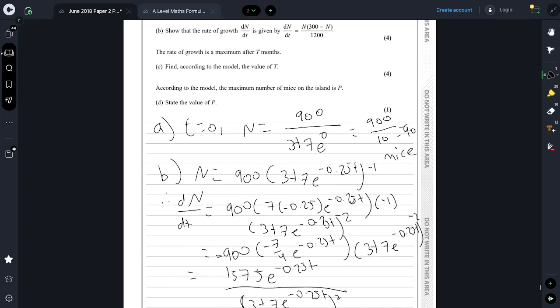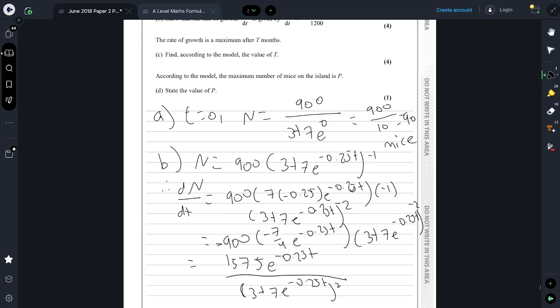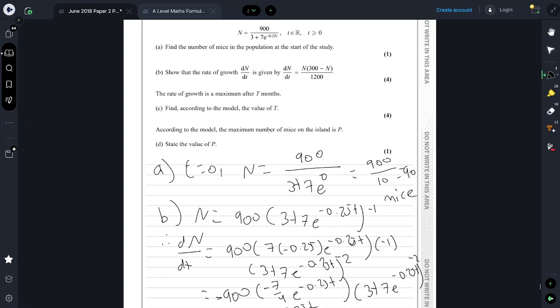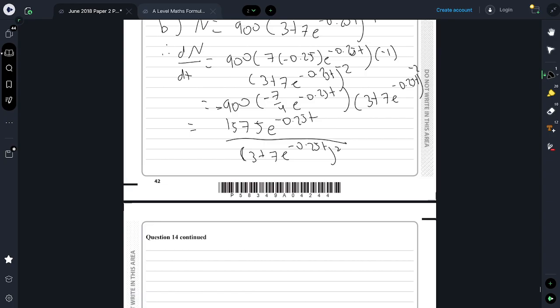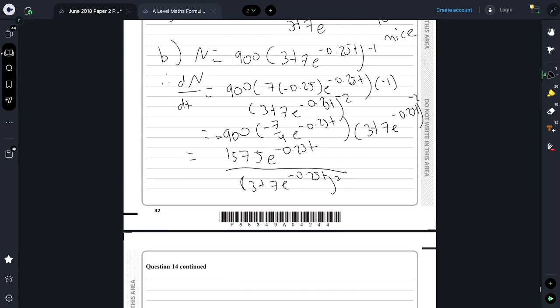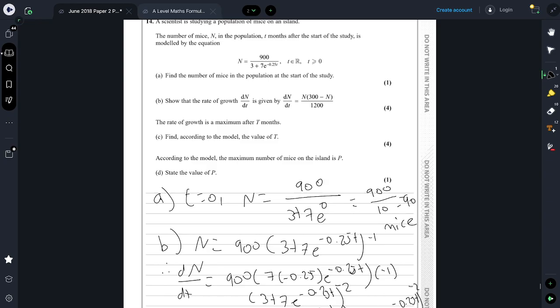So it's told us to show this, N over 1200 of (300 minus N). Interesting. So all the N's are on the top. Okay, so it doesn't look too similar, unfortunately. But we're going to use this to guide us.